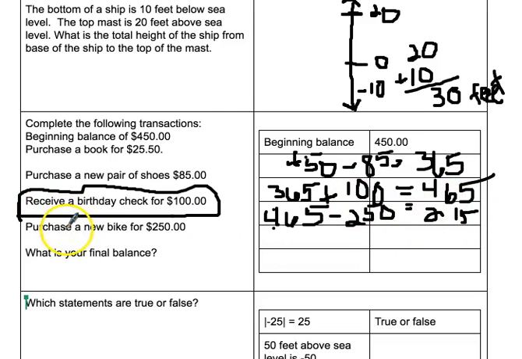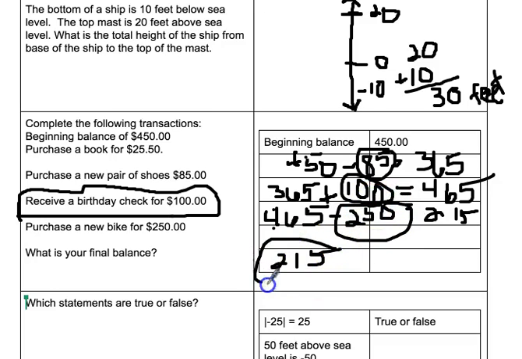And the question is, what is your final balance? I have 3 transactions. I have subtract 85, add back in 100, and subtract 250. This is my ending balance, or my final balance. Okay?